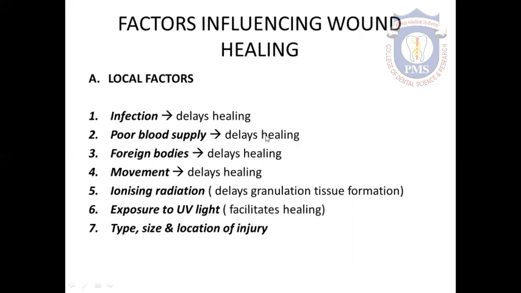Also, the type, size, and location of injury can influence wound healing. For example, at sites with adequate blood supply, like the scalp, the wound will heal faster. And if the wound has occurred in a joint where there is frequent movement, wound healing can be delayed.